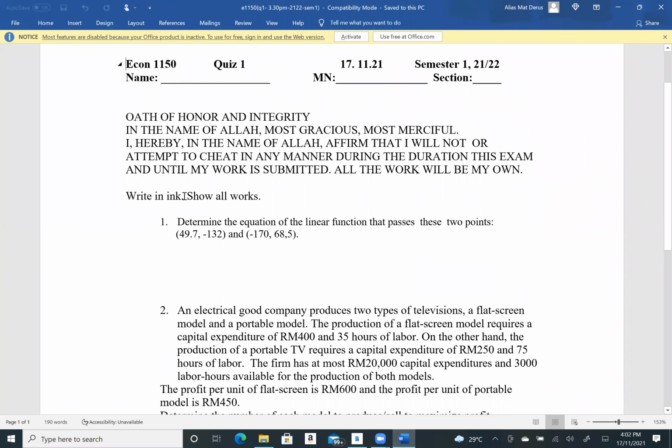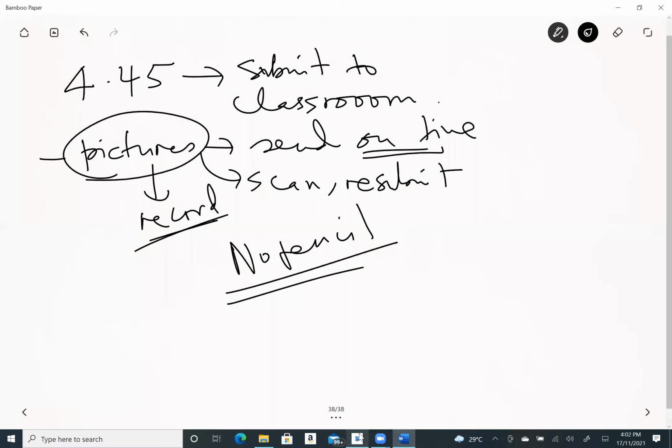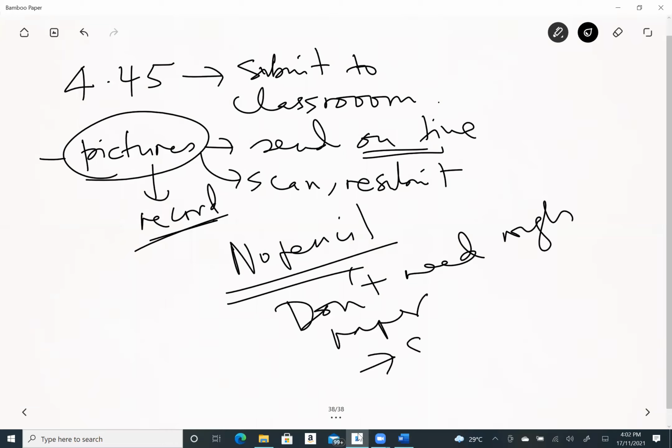And then show all work. You don't need rough paper. Show everything on your answer book. It's okay, show me more steps than fewer steps, because it's better for me to see what you're doing.